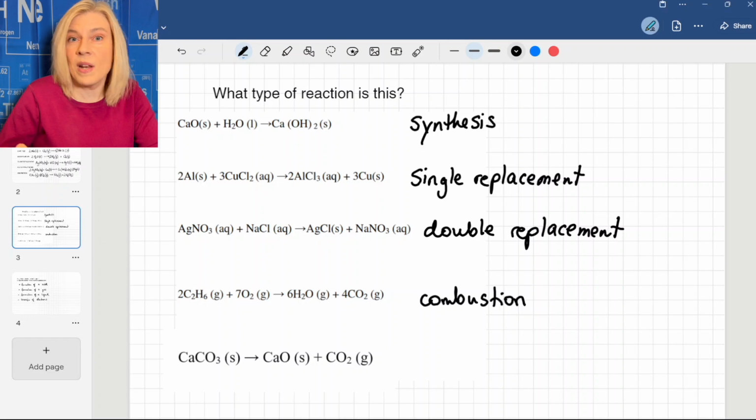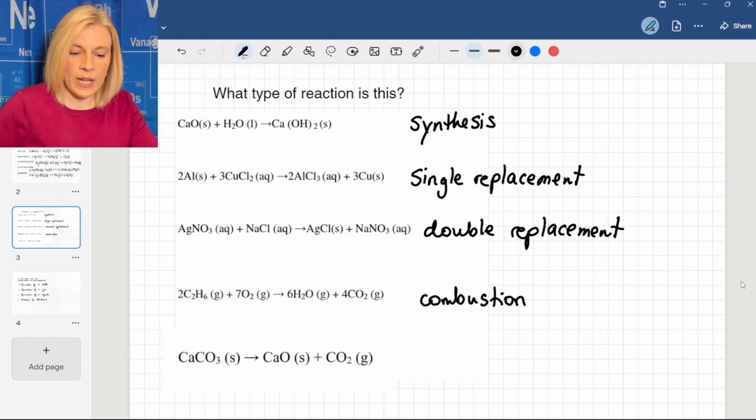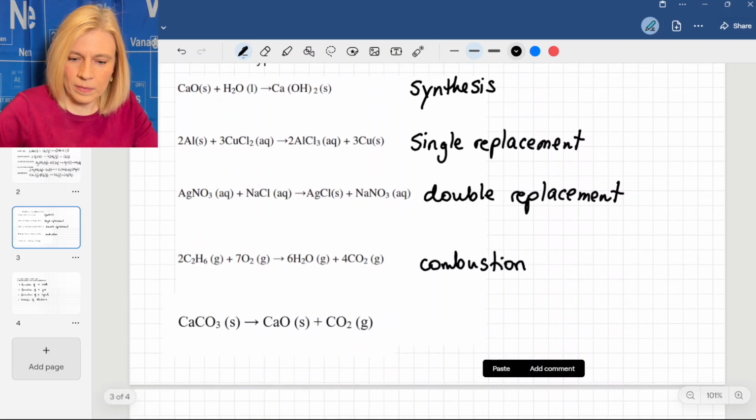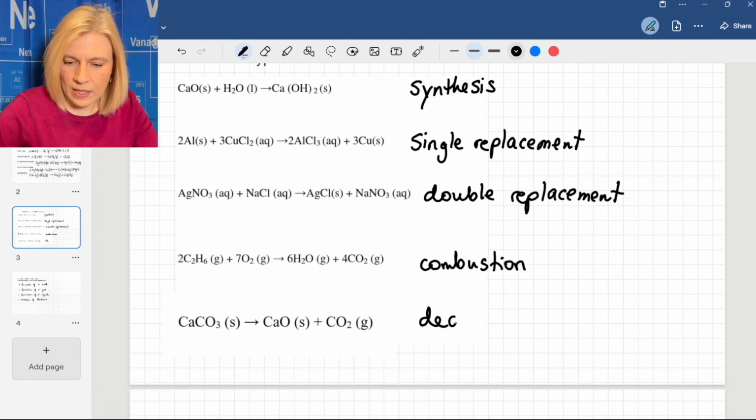Combustion reaction. And our last one, last but not least, let's see what we have. Here we have calcium carbonate, and it's breaking apart into calcium oxide and carbon dioxide gas. So this seems like a decomposition reaction to me. Decomposition.